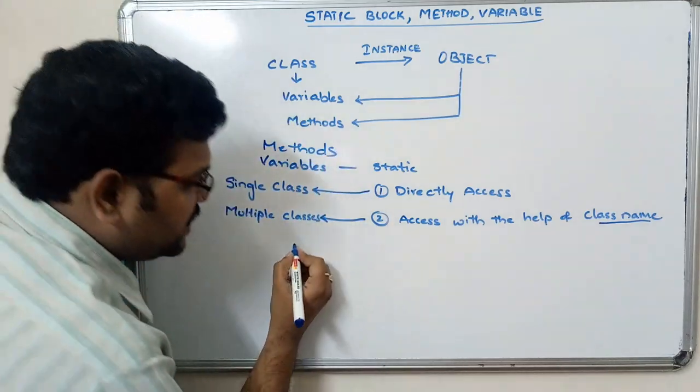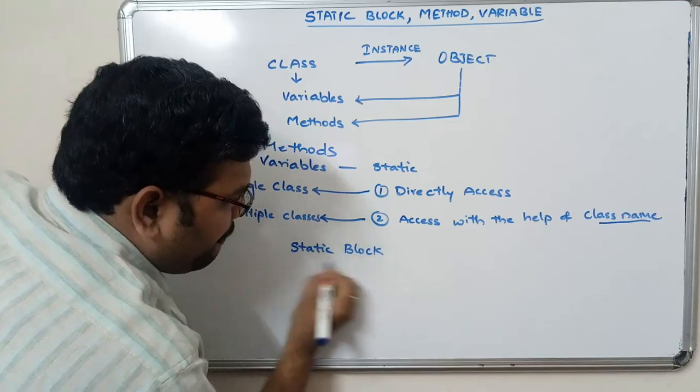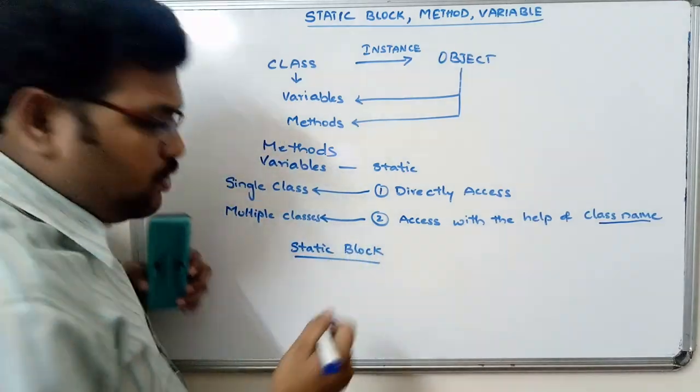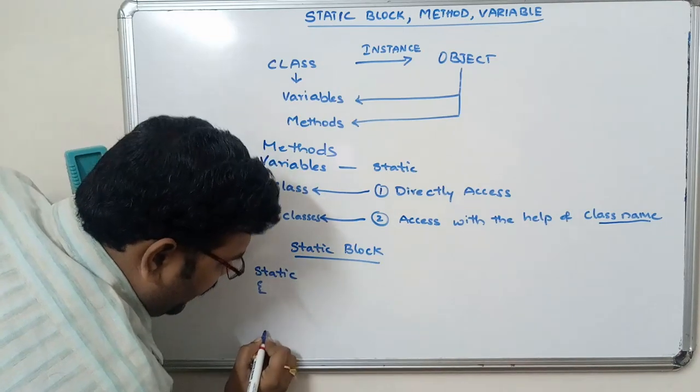Coming to the static block. A static block is written with the static keyword and curly braces.